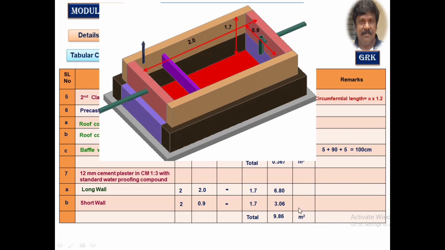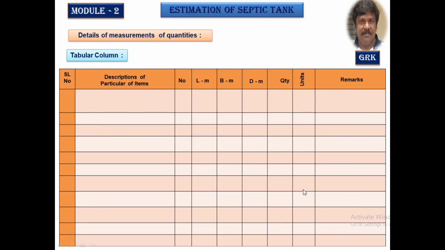The unit for this is square meter, whereas other things we added in cubic meter, now it is square meter. Similarly, you have to calculate for the flooring, which has been provided with a 20 mm thick cement mortar of 1:3 ratio with a standard waterproofing compound.